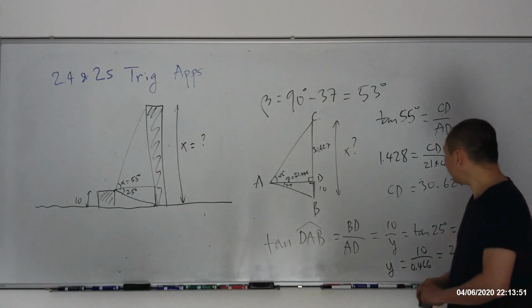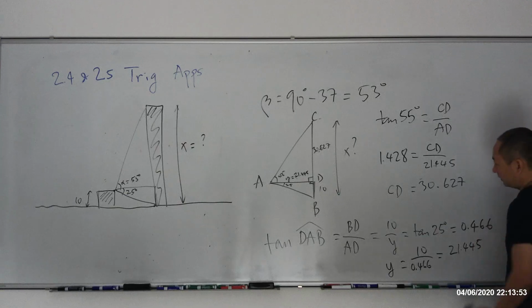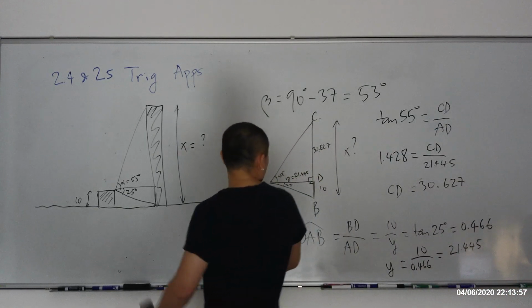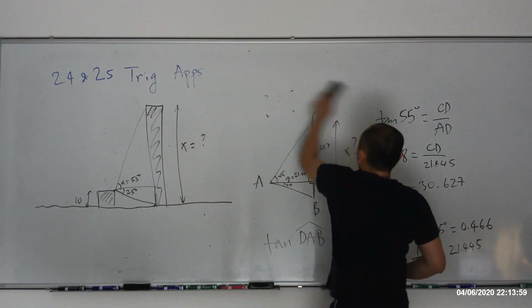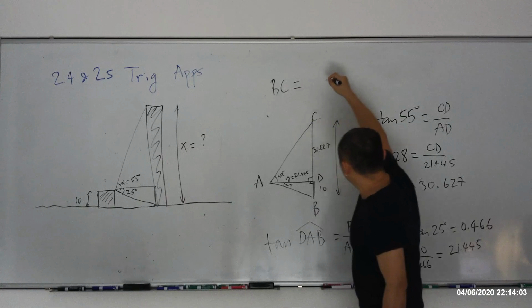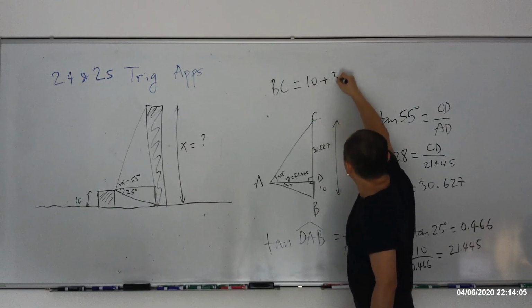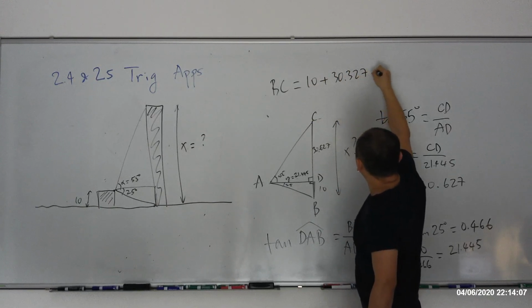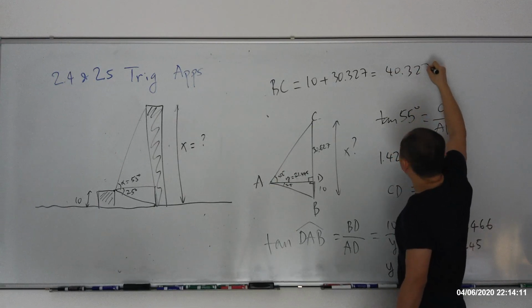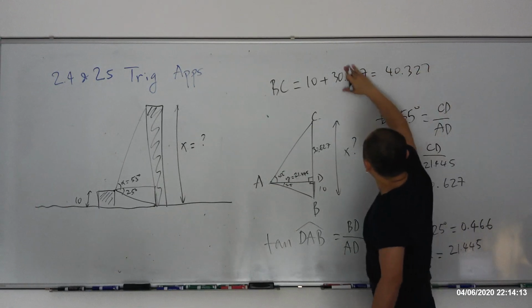Alright. Let me write right here. So the answer is BC equal to 10 plus 30.627, which is going to be equal to 40.627.